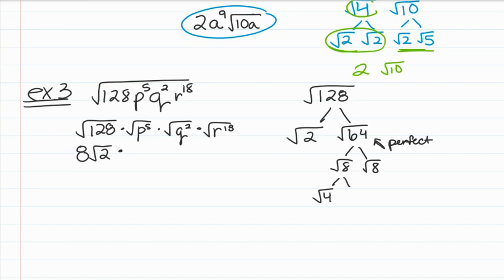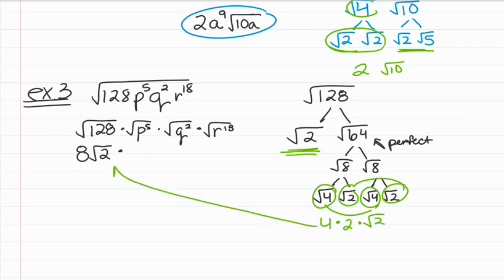And that breaks down to square root of 4 times square root of 2, square root of 4 times square root of 2. And actually, if you notice here, I've got a pair of 4's there and a pair of 2's there. So that would give me 4 times 2 times my lonely little square root of 2 up there, which still gets me 8 times the square root of 2.